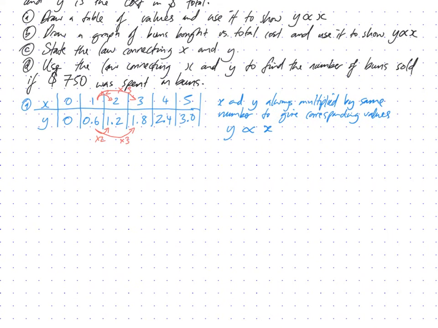That's A done. B, draw a graph of buns bought versus total cost and use it to show y is directly proportional to x. So this might take a while because drawing straight lines on here is not very good.